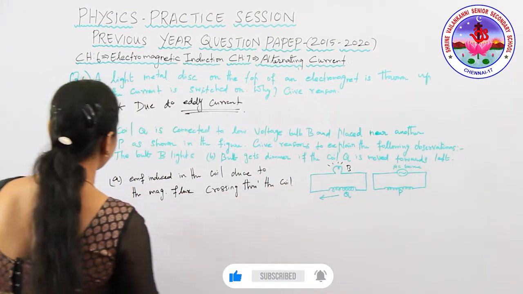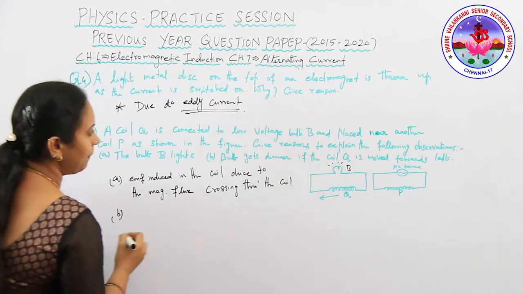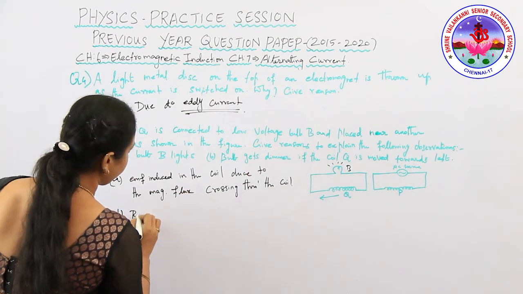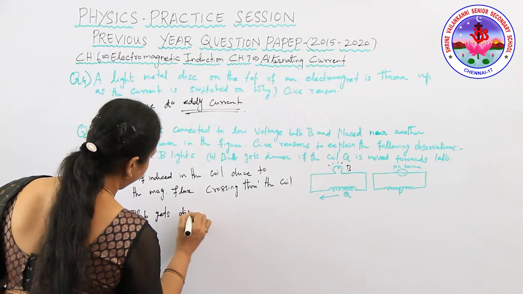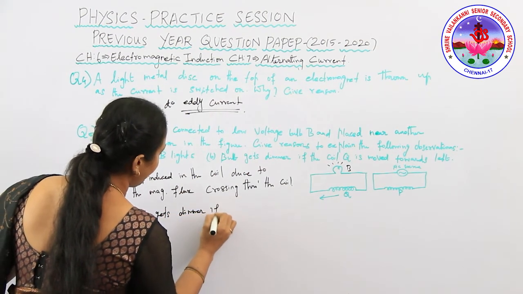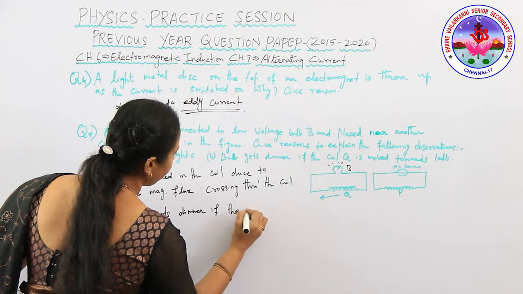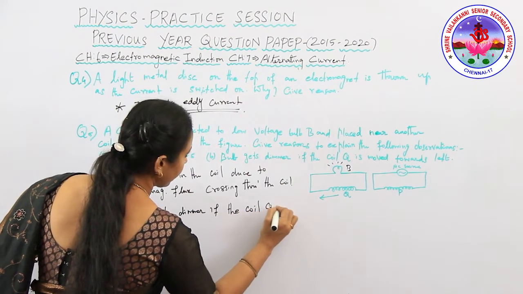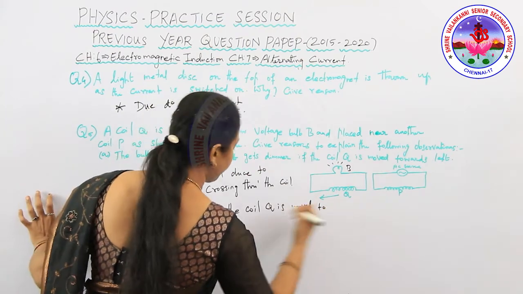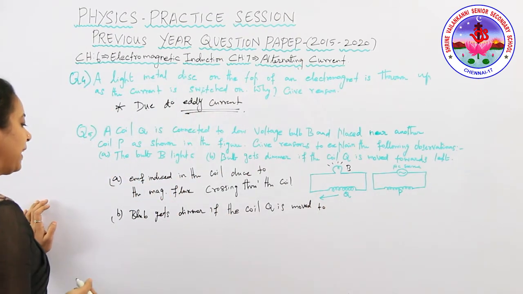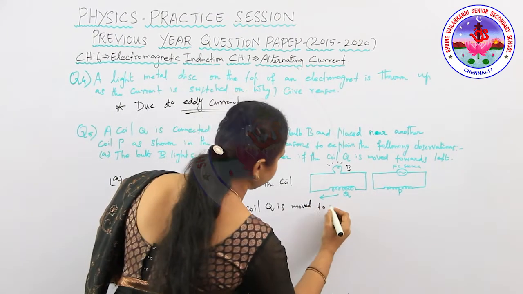And the second question they asked about, the bulb gets dimmer if the coil Q is moved towards left, means we can say that it is because of the mutual induction.